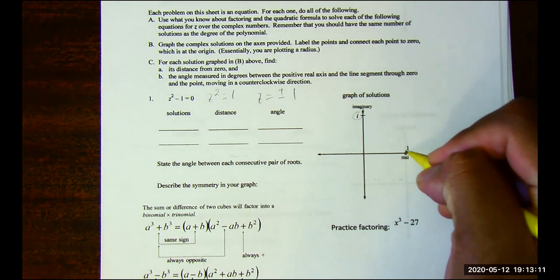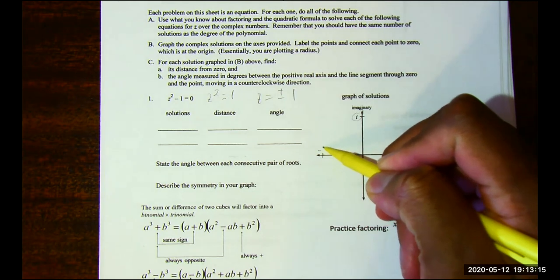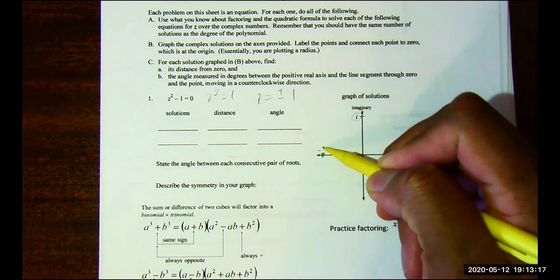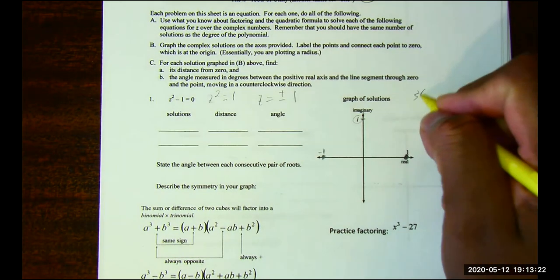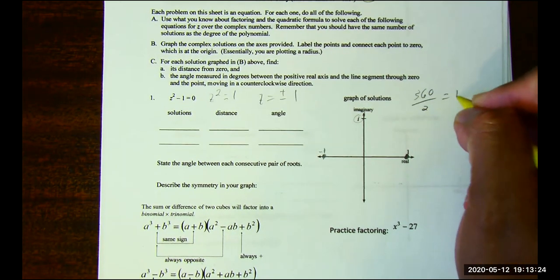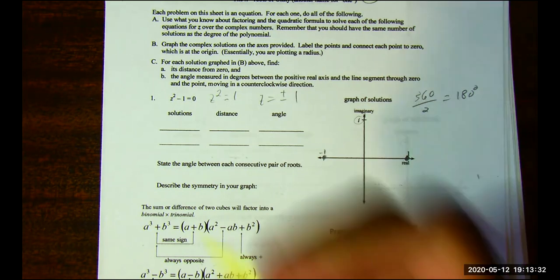So I have real numbered solutions at 1 and negative 1. And let's think about a circle, 360 degrees divided by 2, 180 degrees. We took a circle and sort of split it into 2, if you think about it that way. So my solutions, 1 and negative 1.